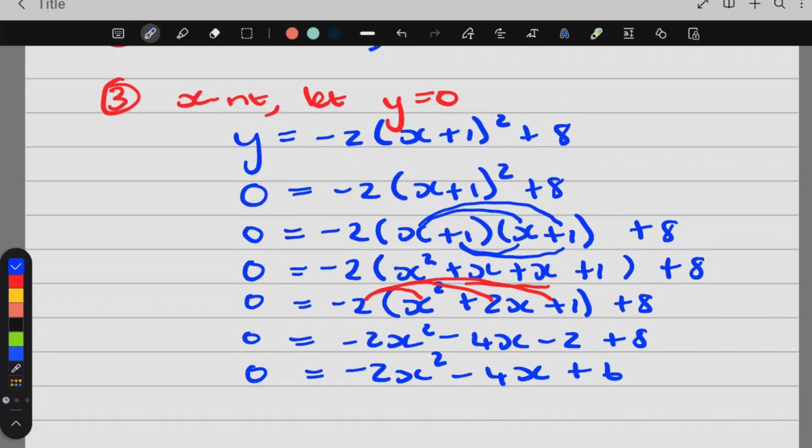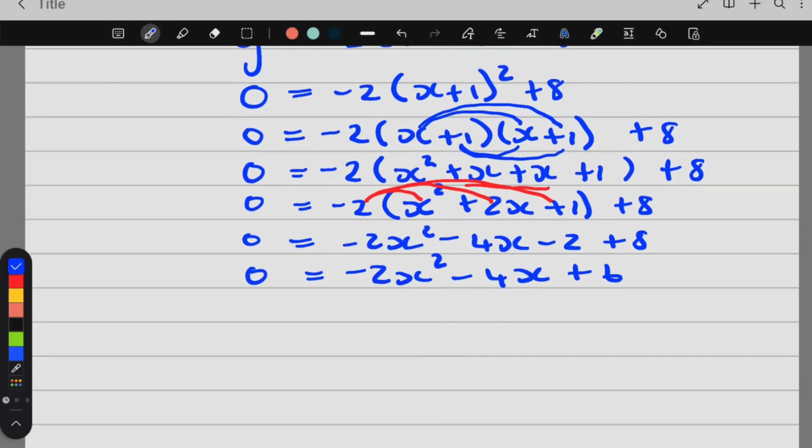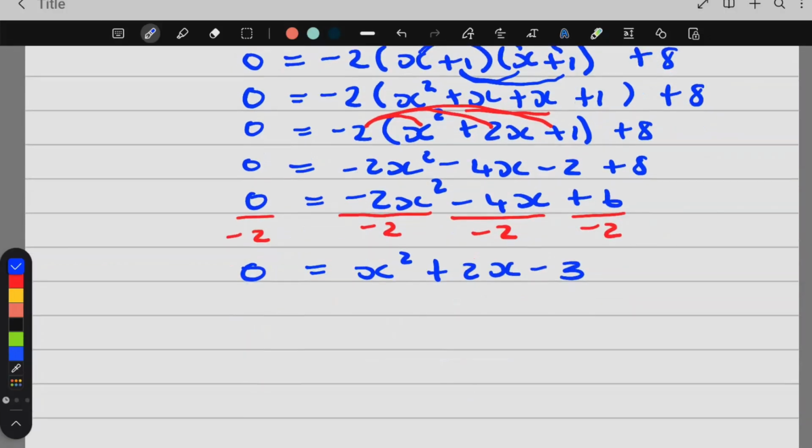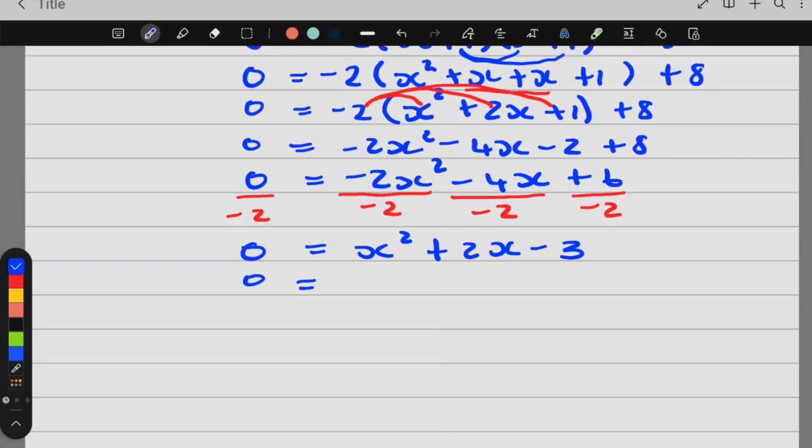Now remember, I must now solve for x. So because I see 2 can go into all these numbers, I'm going to divide all my terms by negative 2. So negative 2, negative 2, negative 2. But what I do on the right, I do on my left. So this stays 0. This becomes a positive x squared, this becomes a positive 2x, and this becomes a negative 3. So now I'm going to factorize this.